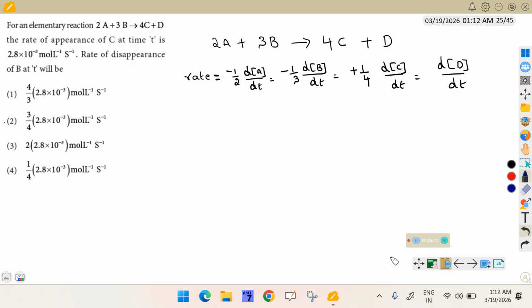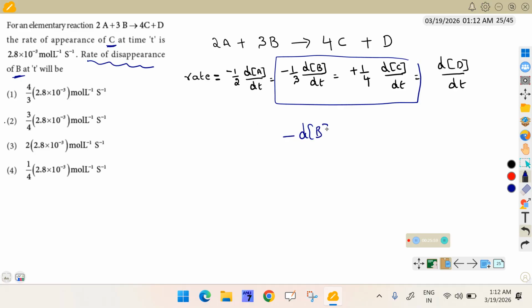Next question. Calculate the rate of disappearance of B by using C. The rate of appearance of C is given. Calculate the rate of disappearance of B. First of all, write the rate, but here since only B and C terms are given, consider only the B and C terms. The question is to calculate minus dB by dt.